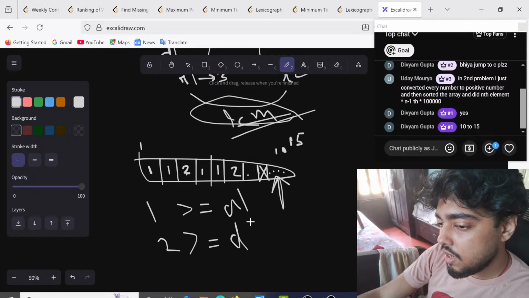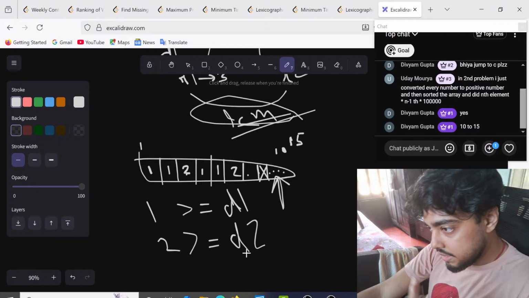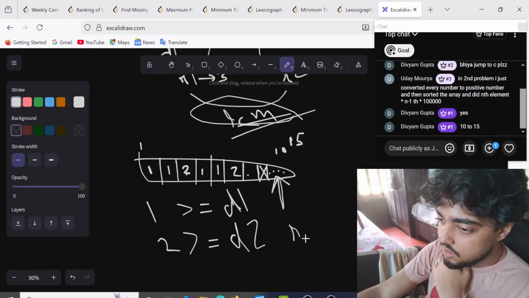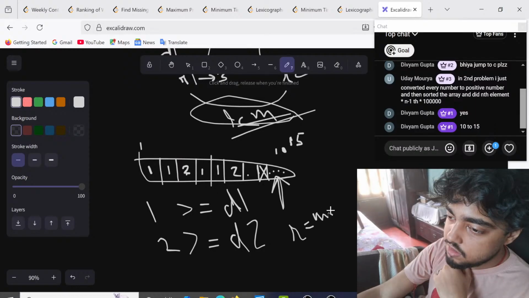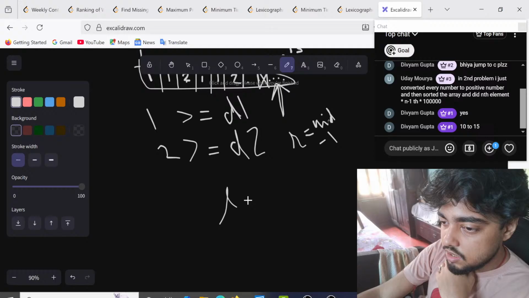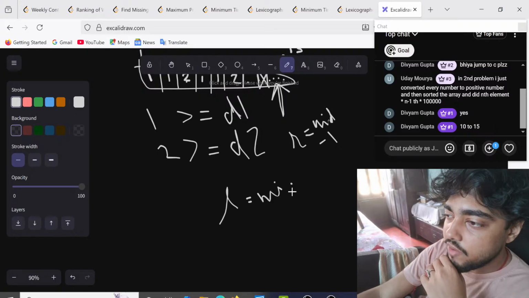If it is possible, then that is a possible answer, and we can make R equal to mid minus 1, right? That is what we do in binary search. If it is not the condition, then L is equal to mid plus 1, correct? Now the point is, how would we know the condition?